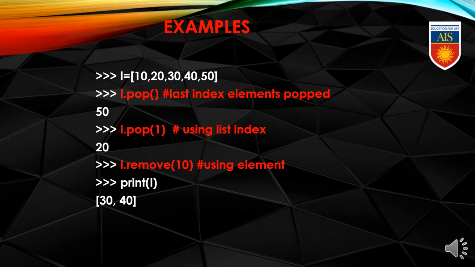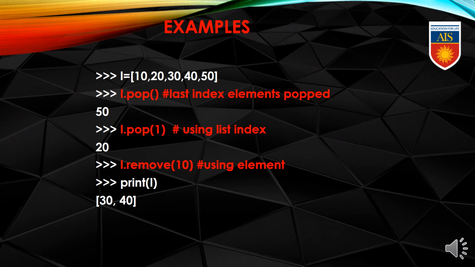Some examples of these methods: we are having a list 10 20 30 40 and 50, and if we apply L dot pop, it will remove the last index element, that means 50 will be removed. L dot pop within brackets 1, so it will use the list index, that means the first index will be removed, that means 20.